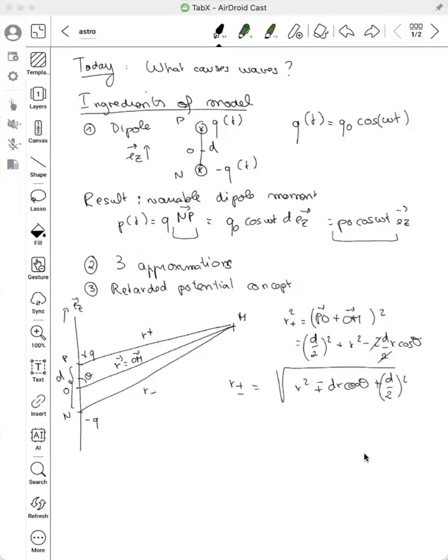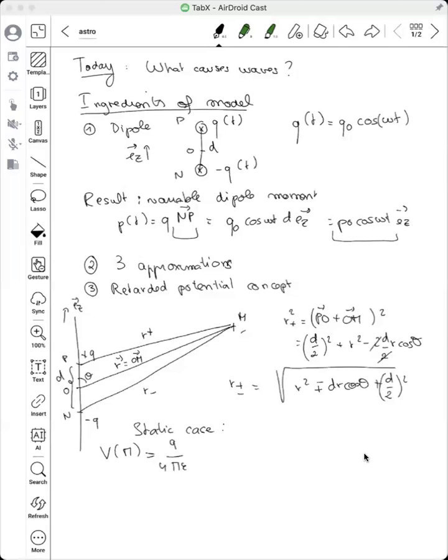But this, I would say, is the basic configuration that we have. And I'm also reminding you what we got in the static case. In the static case, we got the following, that V of M, the potential at this point here, was equal to Q over 4 pi epsilon 0 r plus, minus Q over 4 pi epsilon 0 r minus.